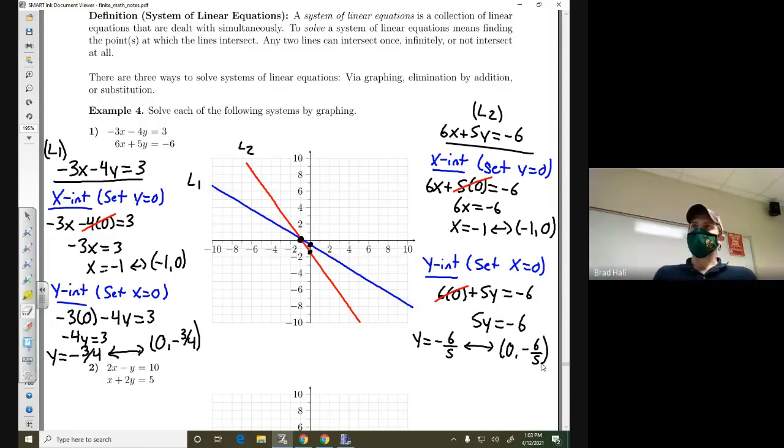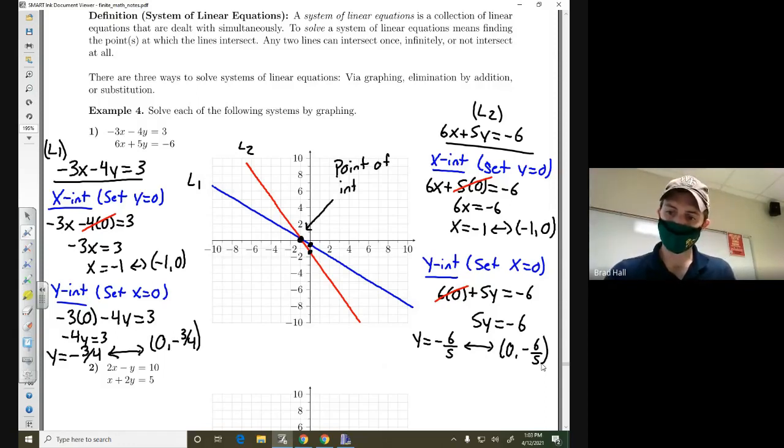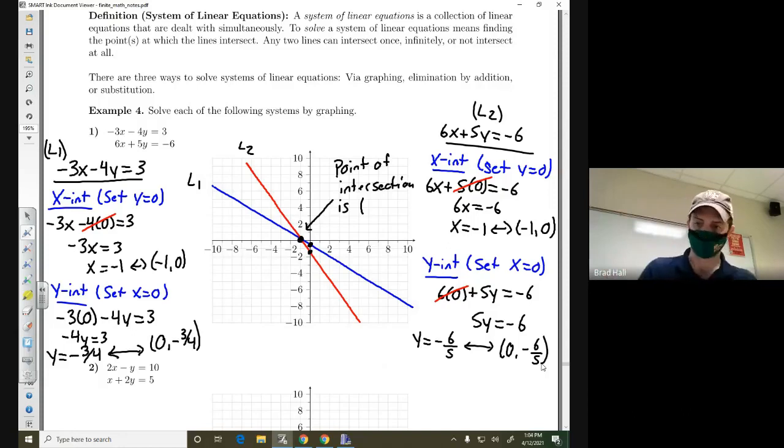Now, in this case, the point of intersection is clear because they both have the same x-intercept. Point of intersection is the point for which the two lines cross through. And this is very easy to determine based off of this graph here.